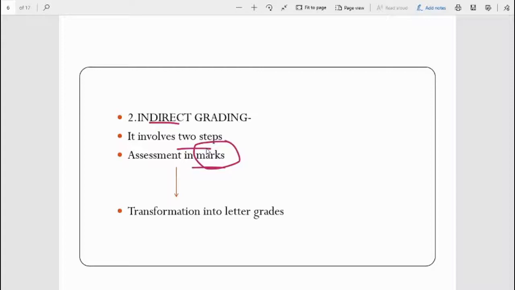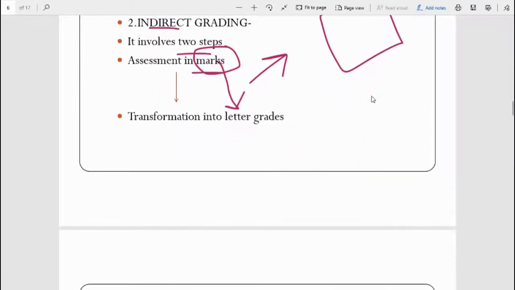Depends on the university, depends what standards they are following. In the 10th class we have like this, 91 to 100 it is A1, and so on, it depends. And then these marks are transformed into letter grades, and it is basically dependent on the standard set. Okay, predefined standard sets. So this was indirect grading.